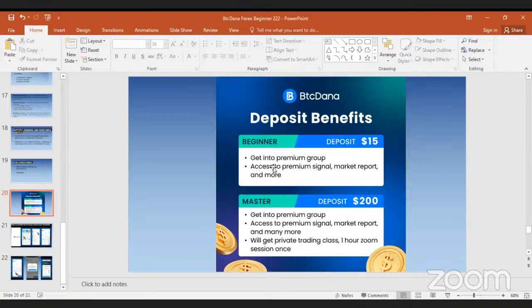When you get into the group, you have access to premium signals, market report, and more. Imagine depositing $15 now, and before the end of the day you are able to make around $10 plus. That is $25, isn't it?